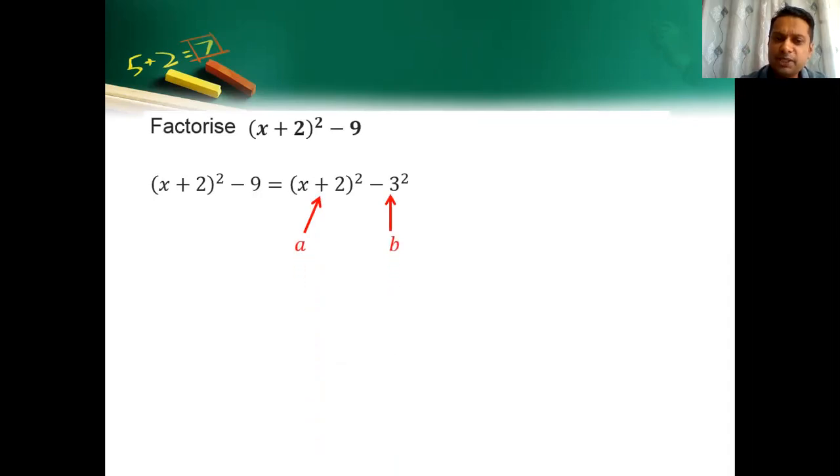Therefore, (a plus b) times (a minus b): (x plus 2 plus 3) times (x plus 2 minus 3). Simplifying, we are going to obtain (x plus 5) times (x minus 1).